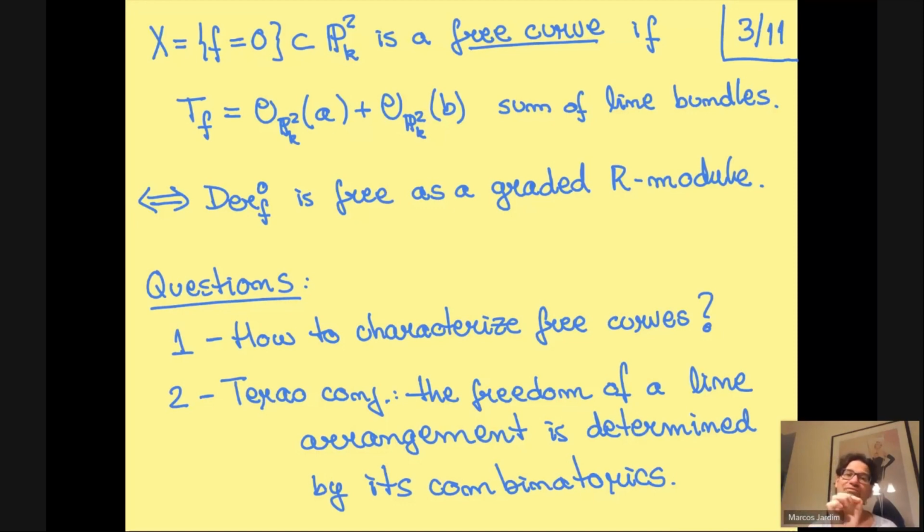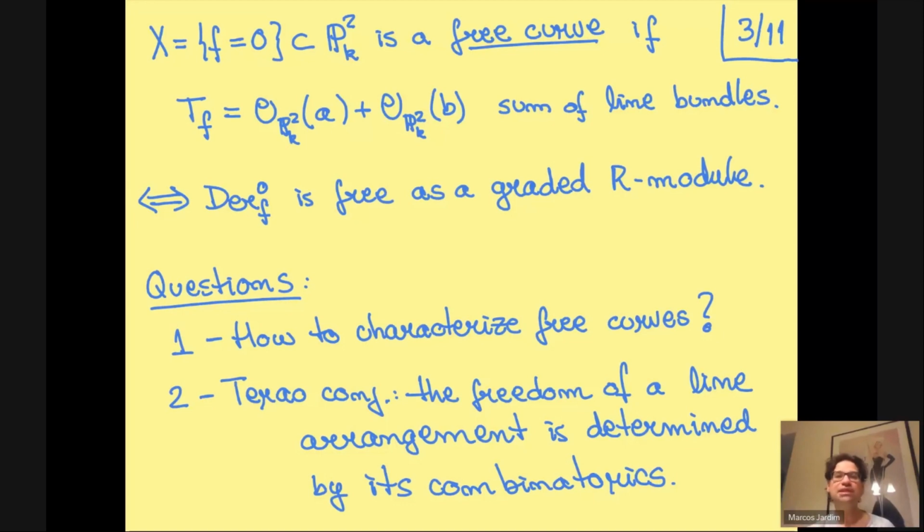So when F is a product of a bunch of polynomials of degree 1, this means that the curve X will be a bunch of lines intersecting one another on the plane. So that's what is called a line arrangement. And then the combinatorics of the line arrangement just encodes the points of intersection of the various lines and how many lines pass through each point of intersection.